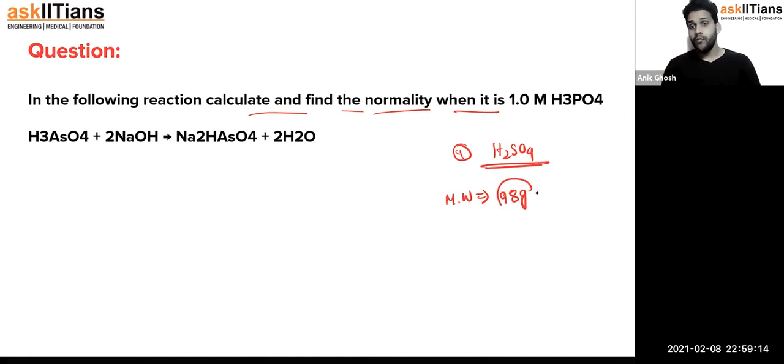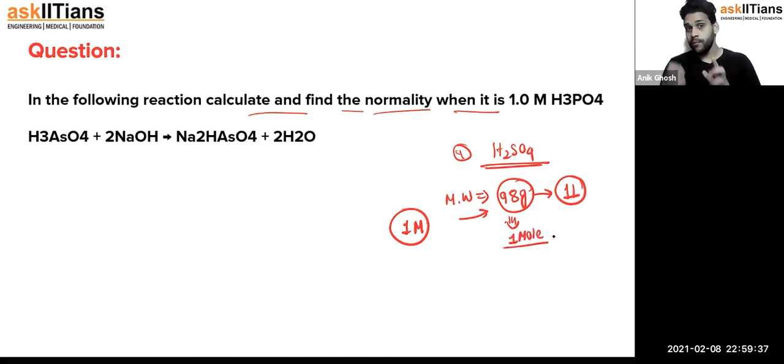When 98 grams of H2SO4, which equals 1 mole, was there in 1 liter of solution, solute plus solvent, we called it a 1 molar solution, isn't it?